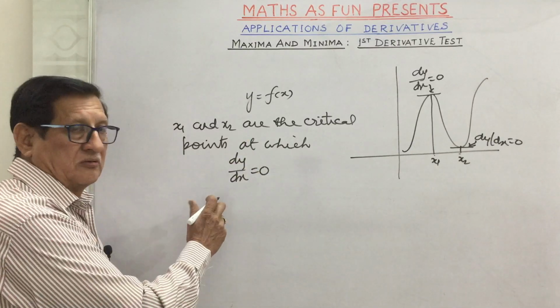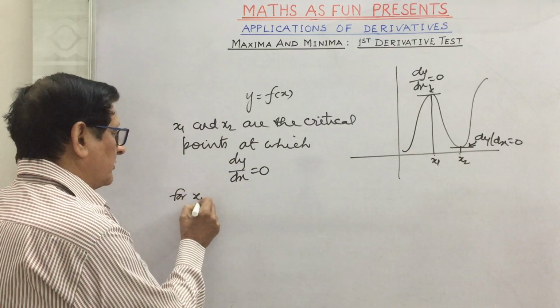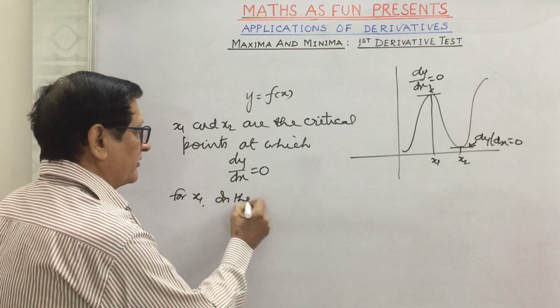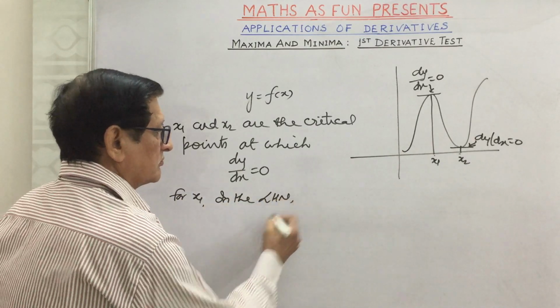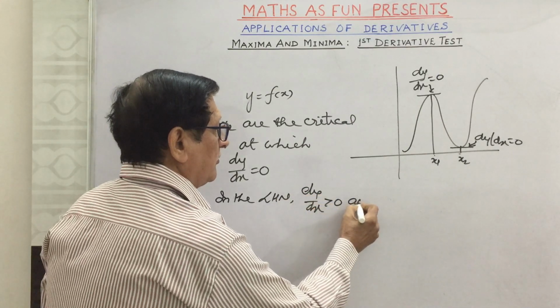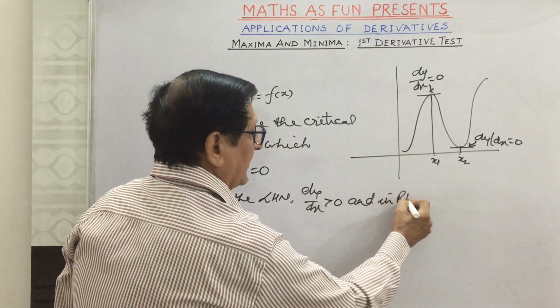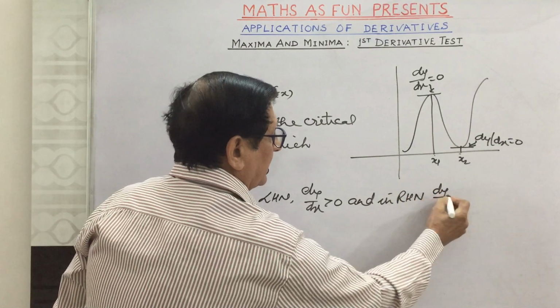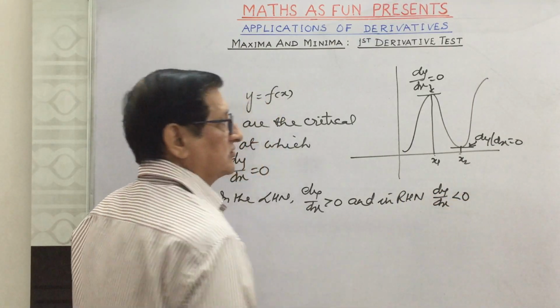Then we found that for x1, in the left hand neighborhood, dy by dx is greater than 0, and in the right hand neighborhood, dy by dx is less than 0.